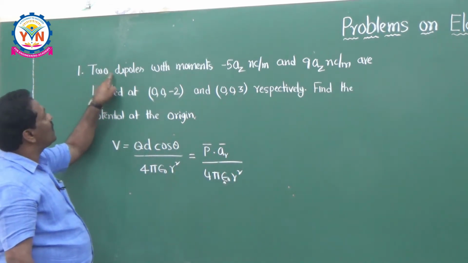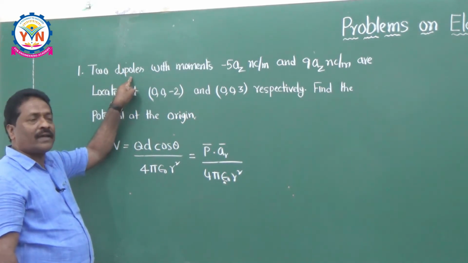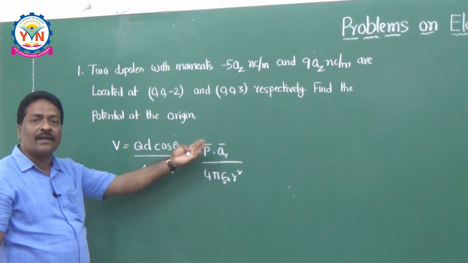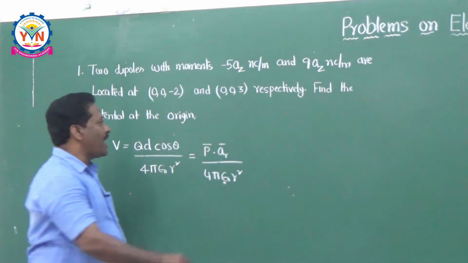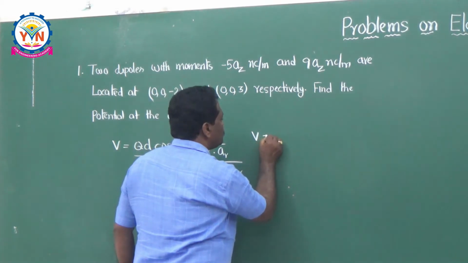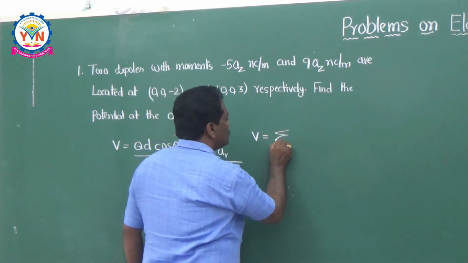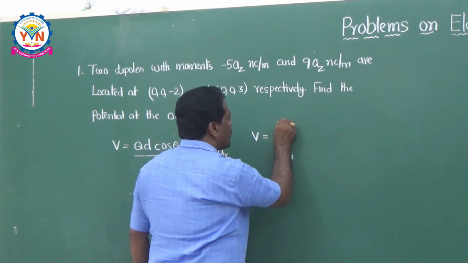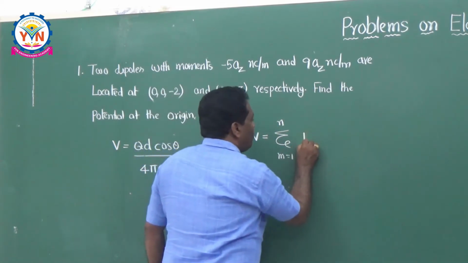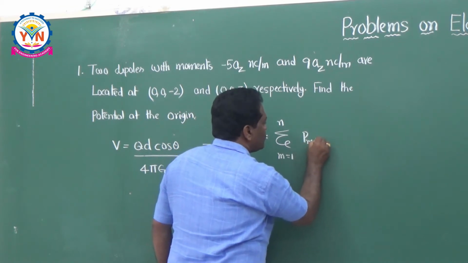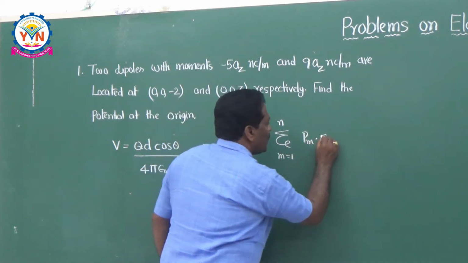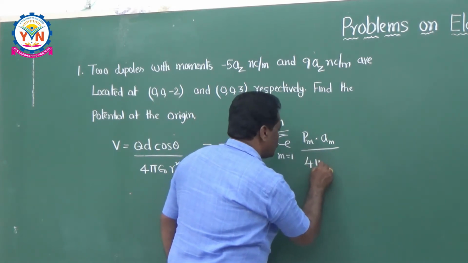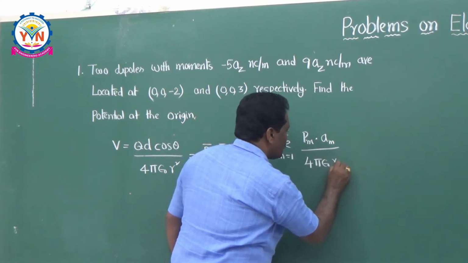Now, in this case we are having two dipoles. That's why I would like to write this generalized formula for n number of dipoles. So, V is equal to sigma m equals 1 to n of Pm dot Am divided by 4 pi epsilon naught into Rm square.